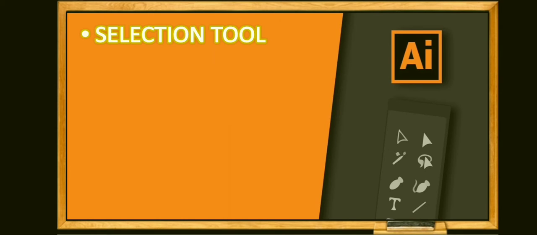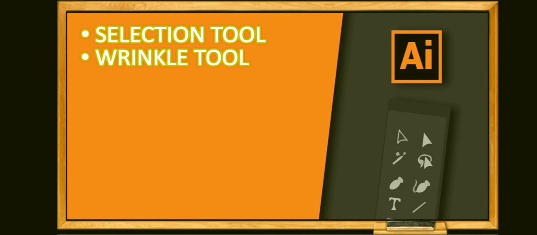Now, the most commonly used tools in Adobe Illustrator are the following, with the icon, tool, and their function. The first tool is the selection tool. The selection tool selects text and graphic frames. It allows you to work with an object using its bounding box. Next is the wrinkle tool.